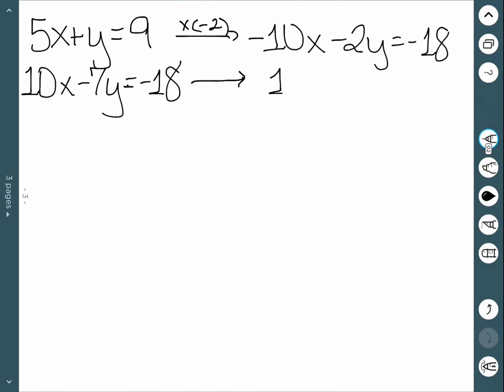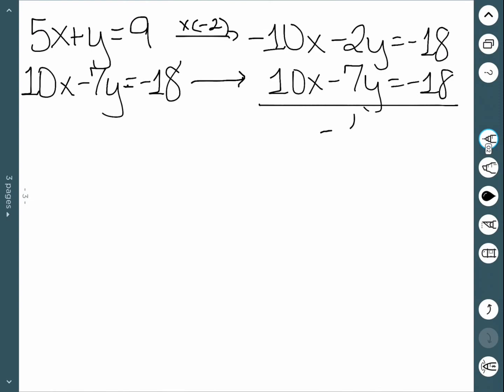If I leave my bottom equation alone, then when I add these equations up, negative 10x plus 10x is 0. Negative 2y minus 7y would be negative 9y. And negative 18 minus 18 is going to be negative 36. So when I divide by negative 9, I get that y is 4.